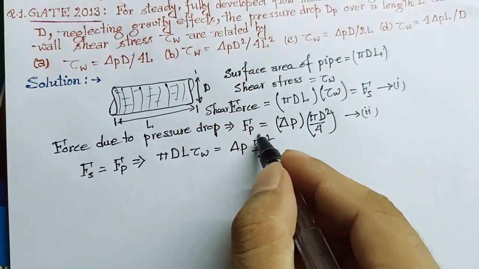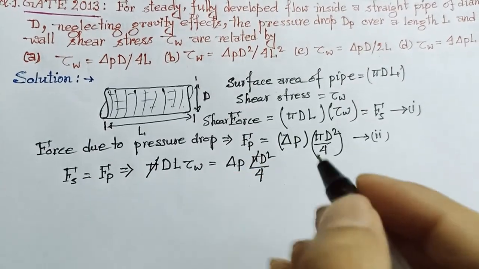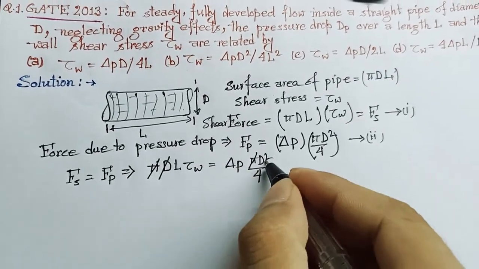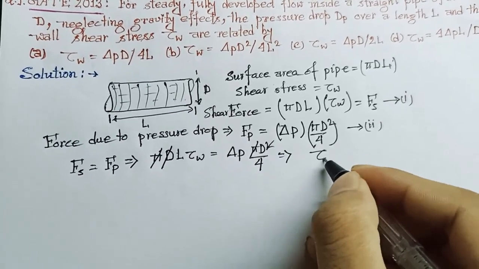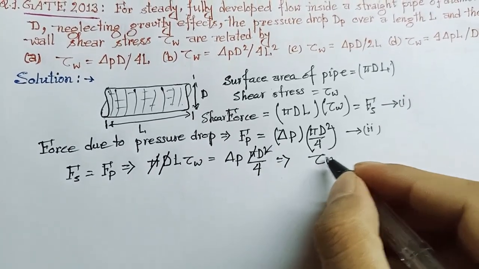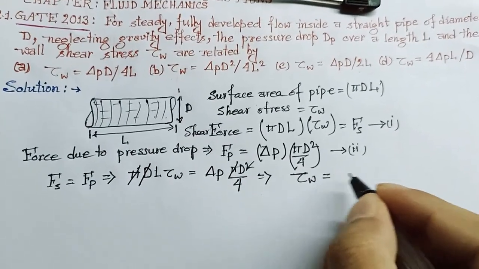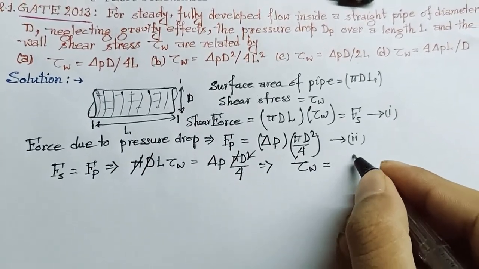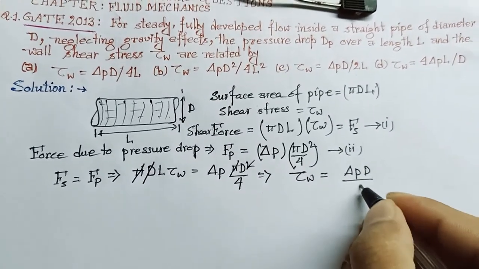From this equation, this pi and this pi will cancel, and this d and the square of this d will cancel. So our required value for shear stress tau W will be equal to del P into d divided by 4L.